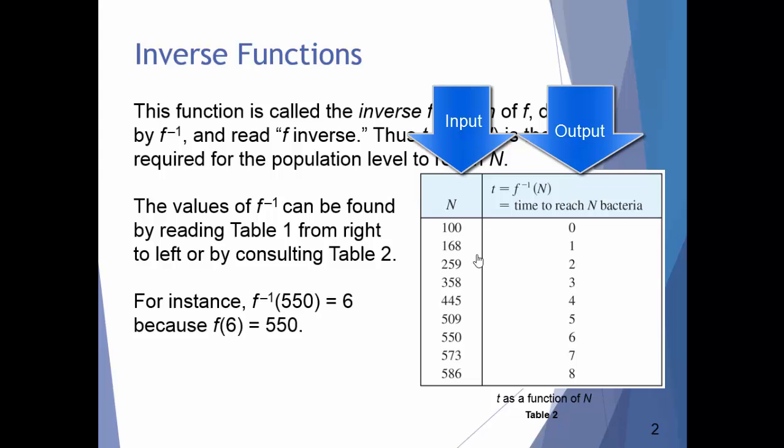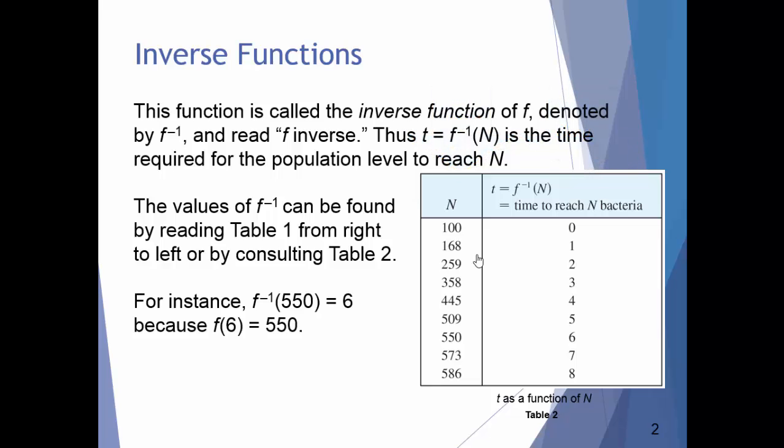For a population of 550 bacteria, what is the time? The output for the inverse function would be 6 hours, because for the original function, when we input 6 hours, the output, the number of bacteria, was 550. So that's just an example to introduce us to the concept of inverse functions.